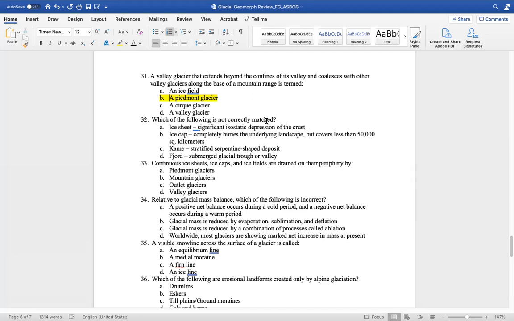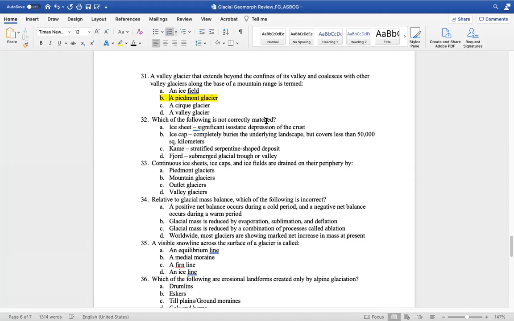As glaciers melt, we see isostatic rebound, where the crust is bouncing back upwards. So that's true. Ice cap completely buries the underlying landscape, but covers less than 50,000 square kilometers. That's true. Ice caps are smaller than ice sheets.